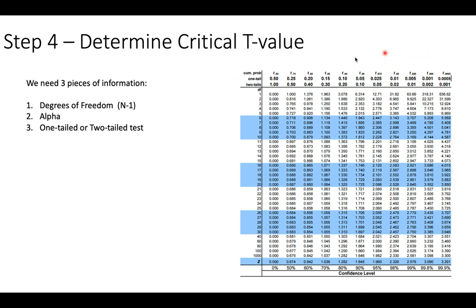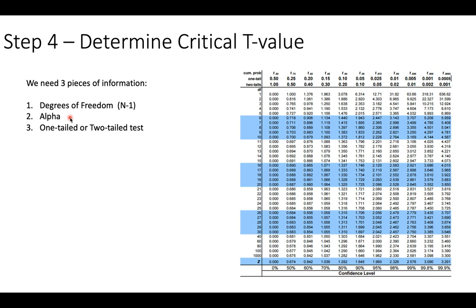So this is what our t-table is going to look like. There's a lot of stuff going on here. Don't worry. We'll learn about it as we break it down and use it. So we need 3 pieces of information. We need what's known as degrees of freedom. We had this in chi-square. That's just n minus 1, n being the number of participants in our sample.